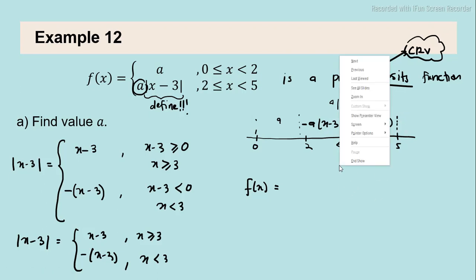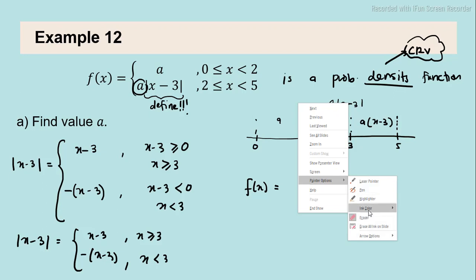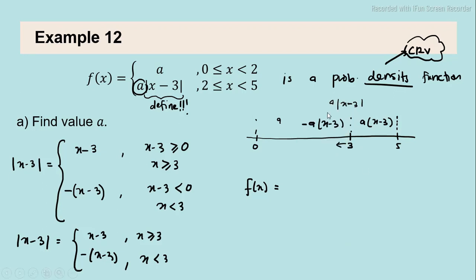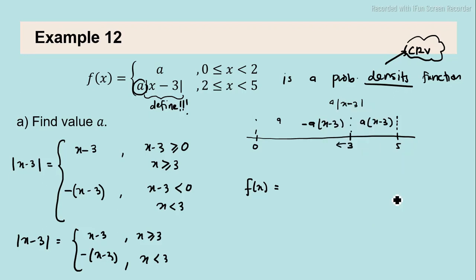So you have to be careful kalau dia ada beri modulus kat sini. Saya betulkan sikit. Sini 2 kan. So ini adalah kamu punya fungsi yang baru. A is a function from x 0 to 2.